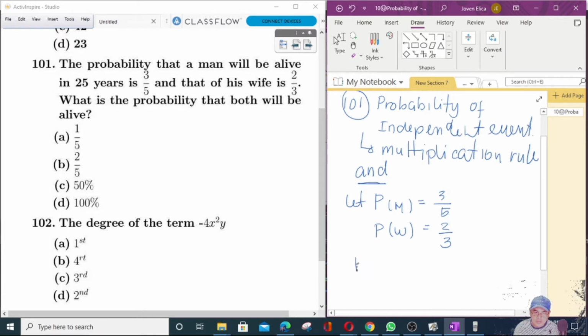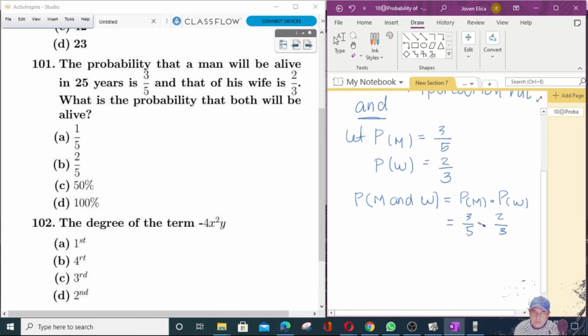So we can define that the probability of man and woman is equal to, applying the multiplication rule for an independent event, the probability of a man multiplied by the probability of a woman, which is 3/5 multiplied by 2/3.